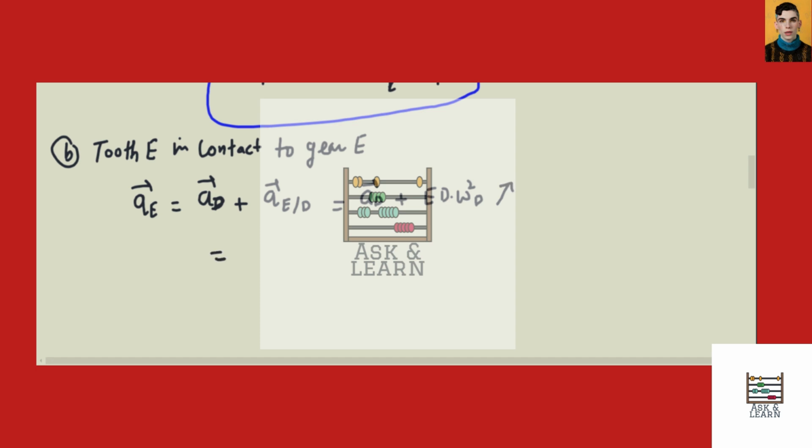Substitute the value. This is 92.53 inch per second square, ED is 3 inch, omega D is 7.854.